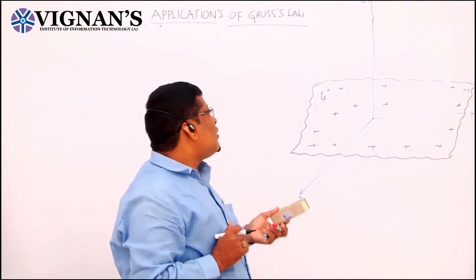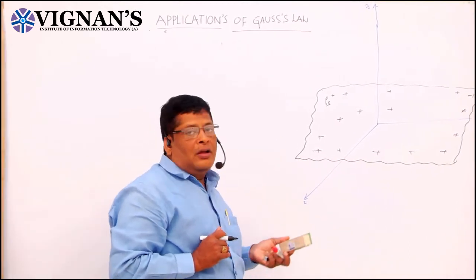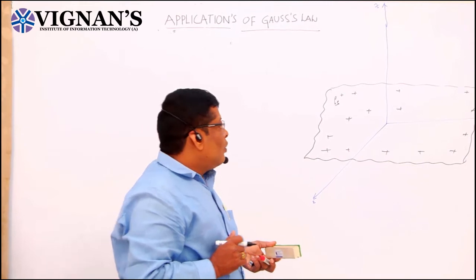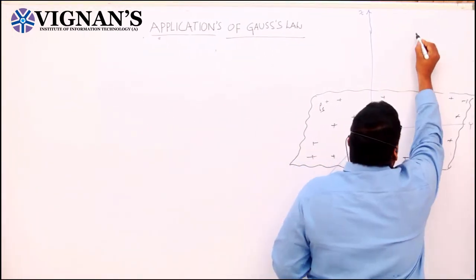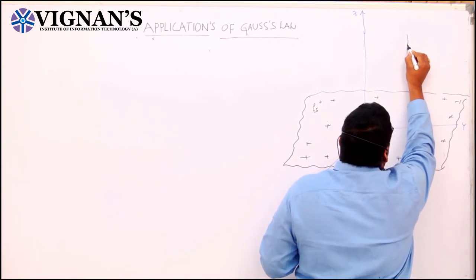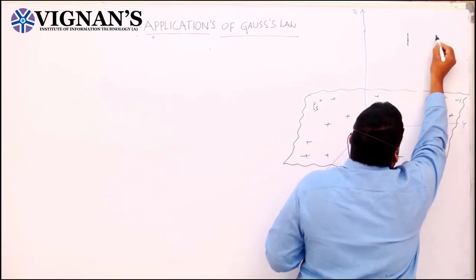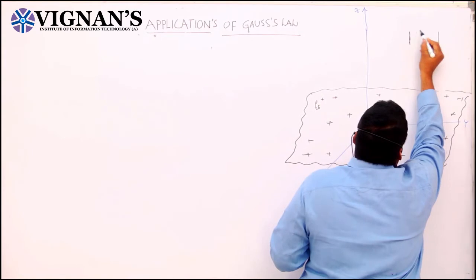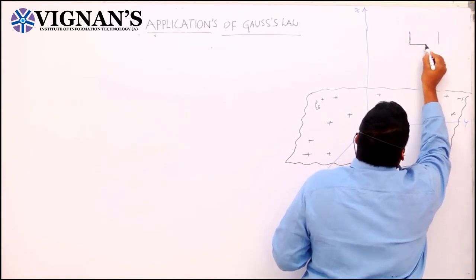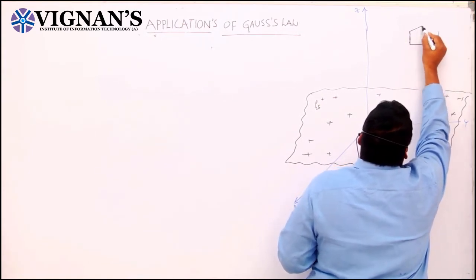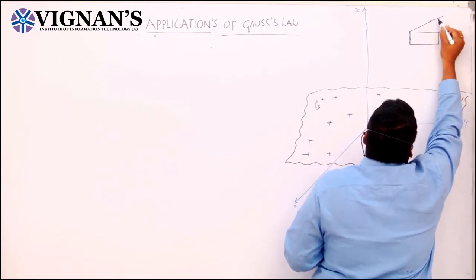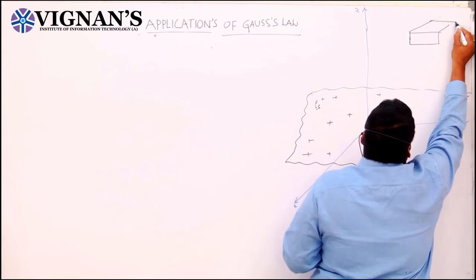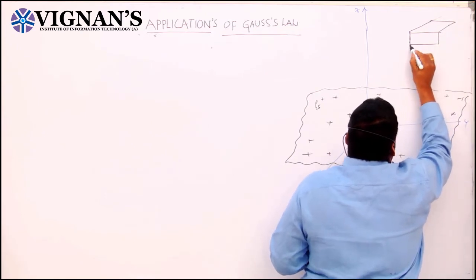To find the electric field intensity due to the sheet, we take the Gaussian surface as a rectangular shaped tube, as shown in the figure.